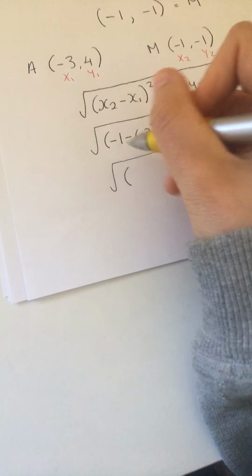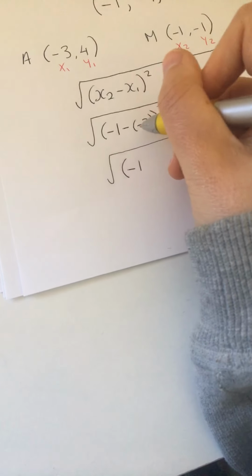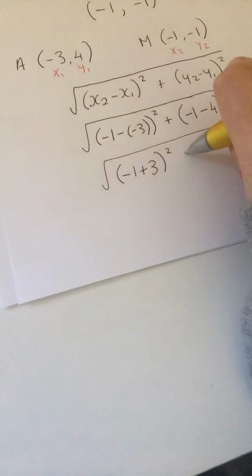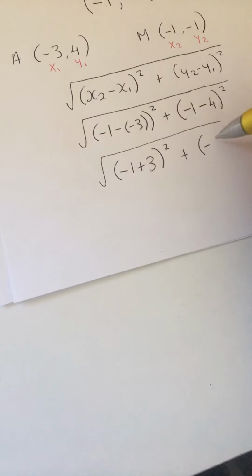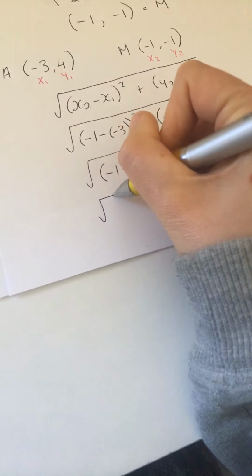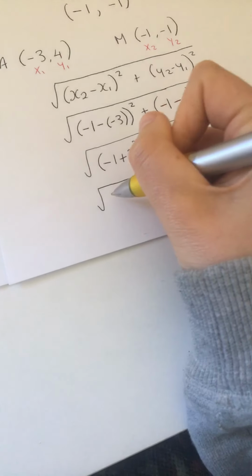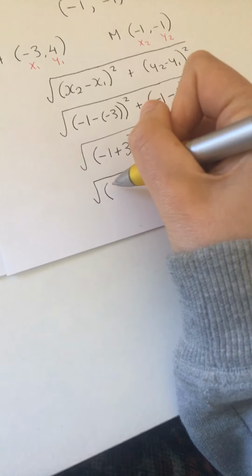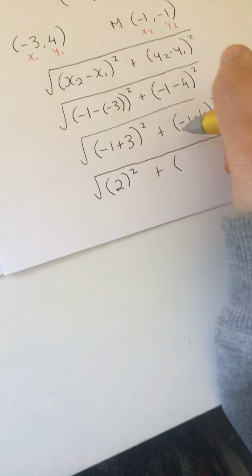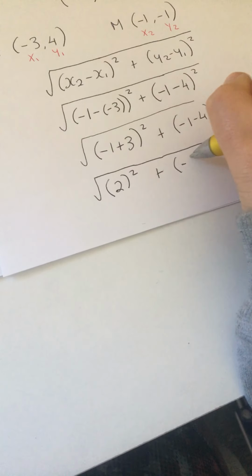So we have minus 1, minus by minus makes a plus 3 squared. I'll leave that as it is for a minute. And then we have minus 1 plus 3 is 2 squared plus minus 1 minus 4 is minus 5 squared.